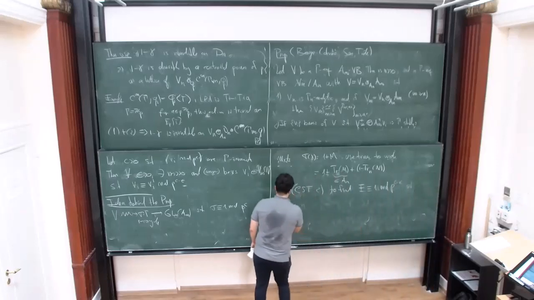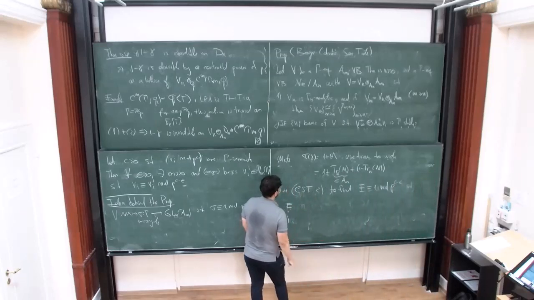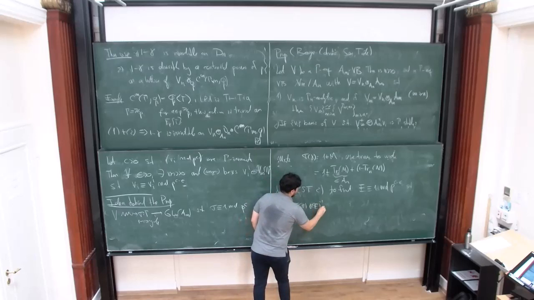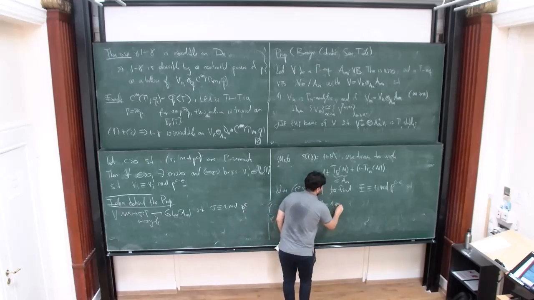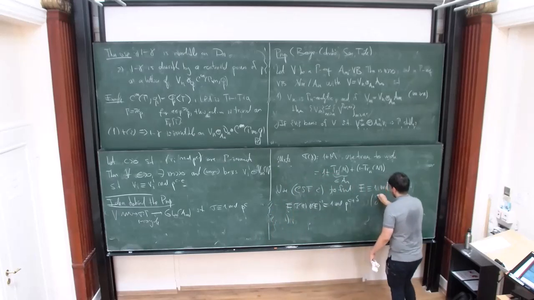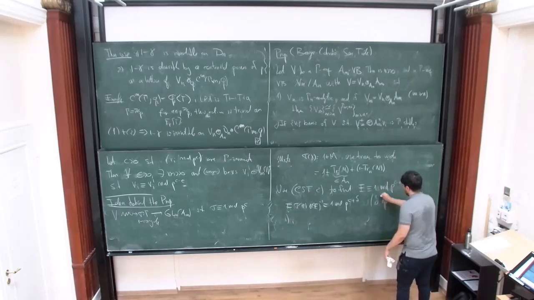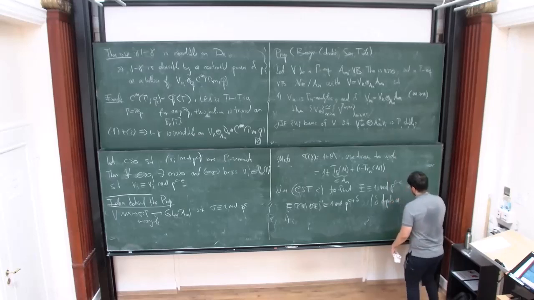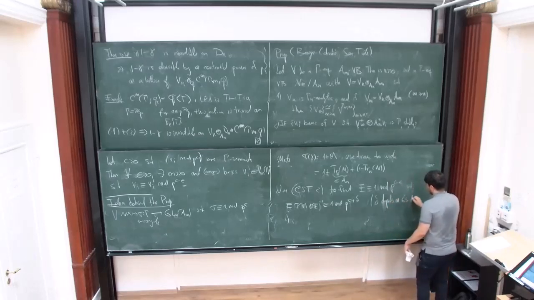Such that the cocycle becomes congruent to one modulo p plus delta, for some delta depending on the epsilons.